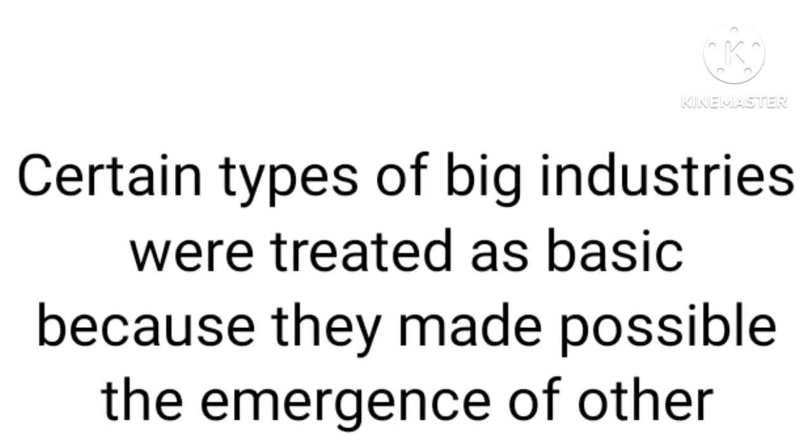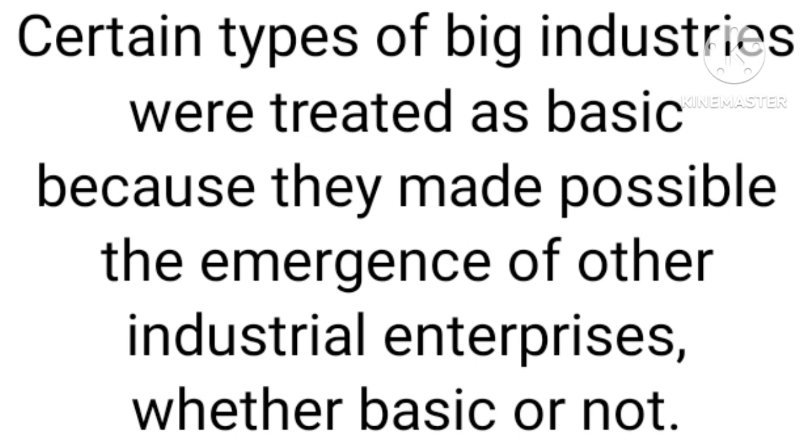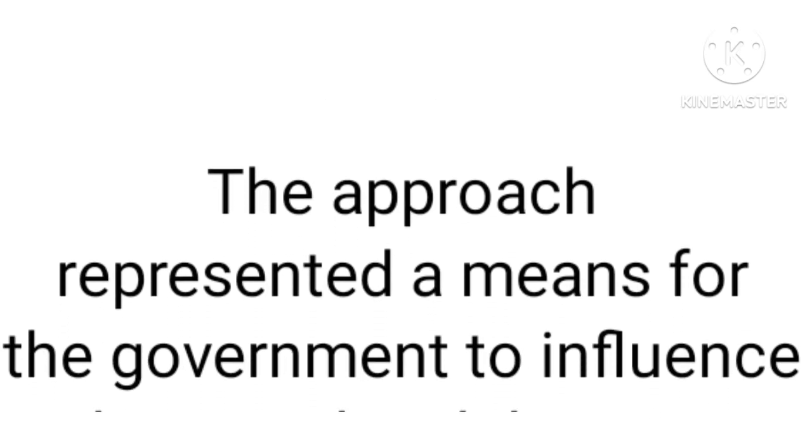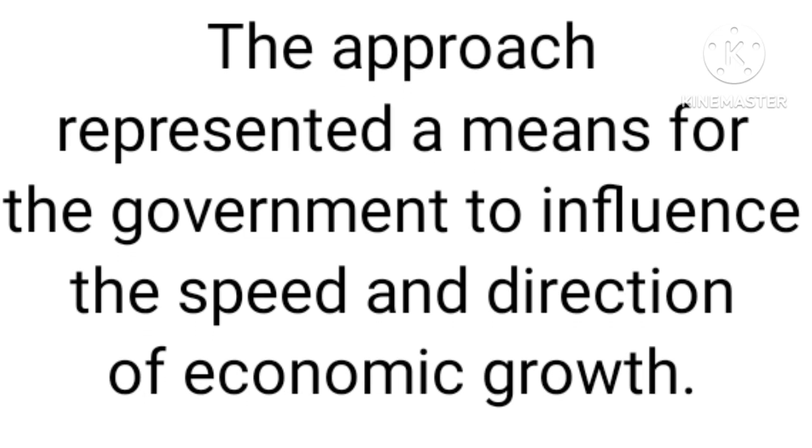Certain types of big industries were treated as basic because they made possible the emergence of other industrial enterprises, whether basic or not. The approach represented a means for the government to influence the spread and direction of economic growth.